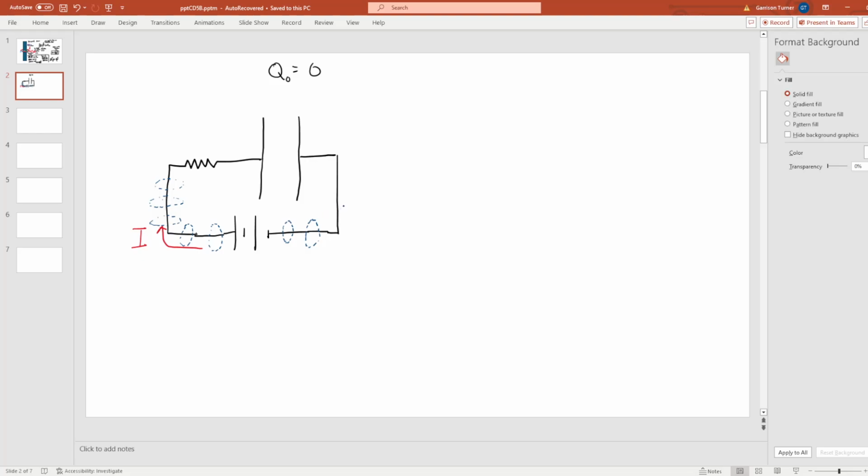My artwork is not fantastic, but you get the idea. Even through the resistor, if I measure the magnetic field through the resistor, I get the exact same magnetic field. Okay. And if our current is flowing this way, then the magnetic field is going to be looping around like this.